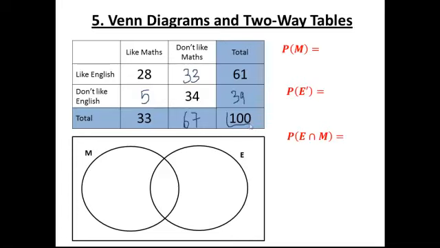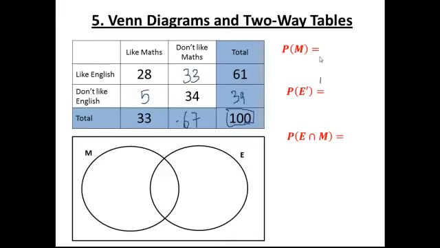Okay, and this number here is really important because that tells me how many people were in my survey. And those two need to equal 100, and those two need to equal 100. So let's check. 61 plus 39 gives me 100, and 33 plus 67 also gives me 100.